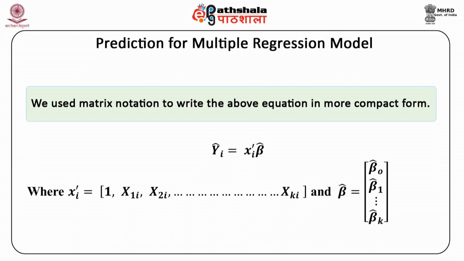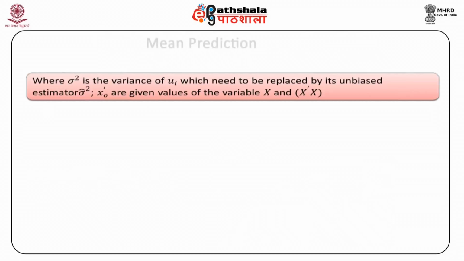The variance of the mean prediction can be obtained as given below: variance of y0 hat given x0 prime is equal to sigma square into x0 prime into x prime x inverse x0, where sigma square is the variance of ui, which needs to be replaced by its unbiased estimator sigma hat square.